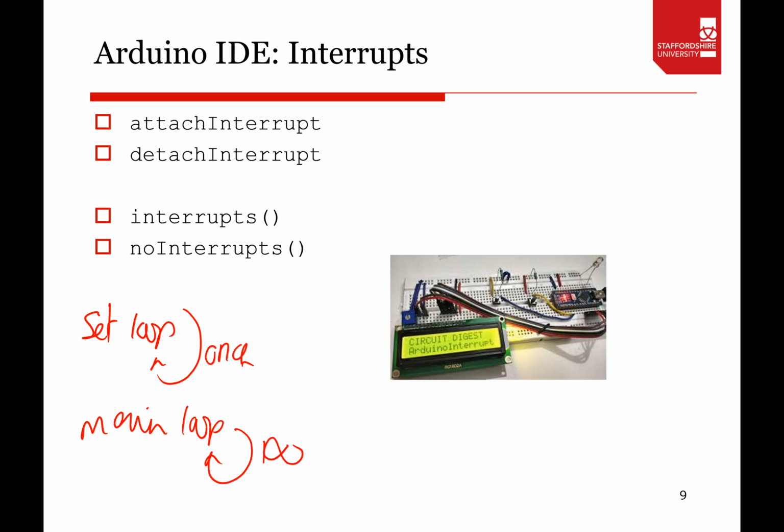However, in your system, there might be something that happens, like if there's an emergency and the emergency stop button is pressed, then switch everything off. So in this case, you would need a hardware interrupt or a push button.